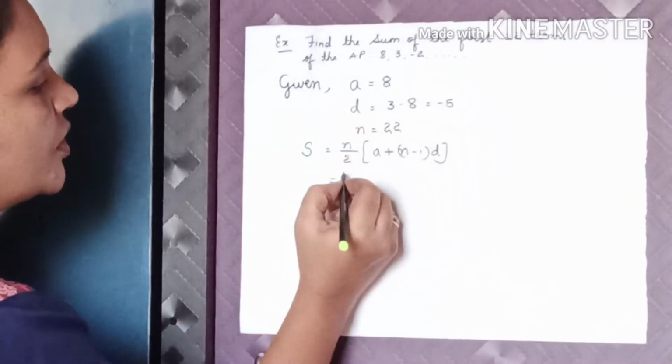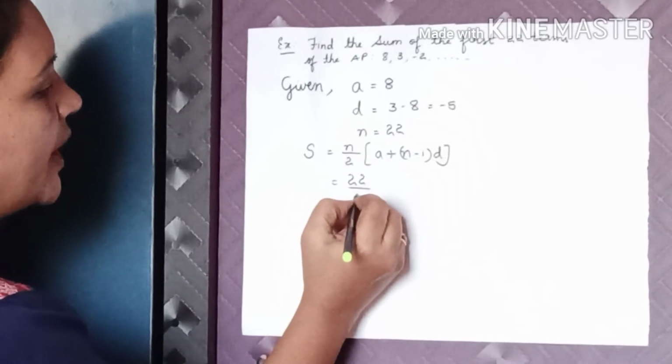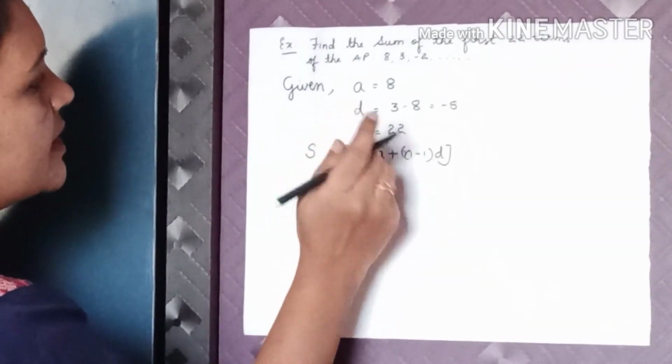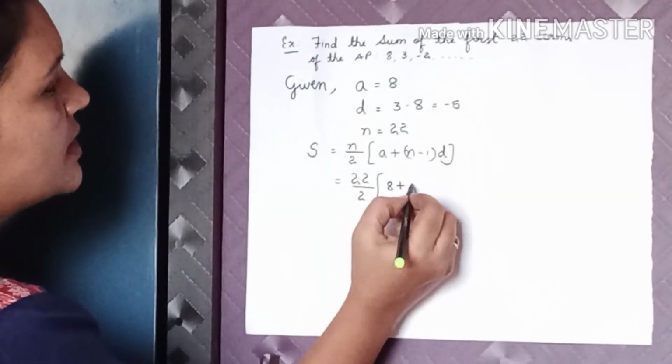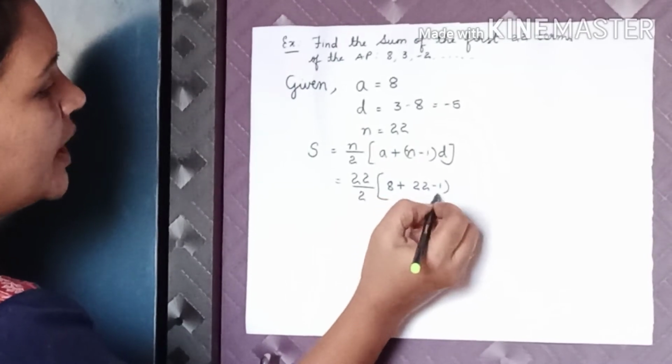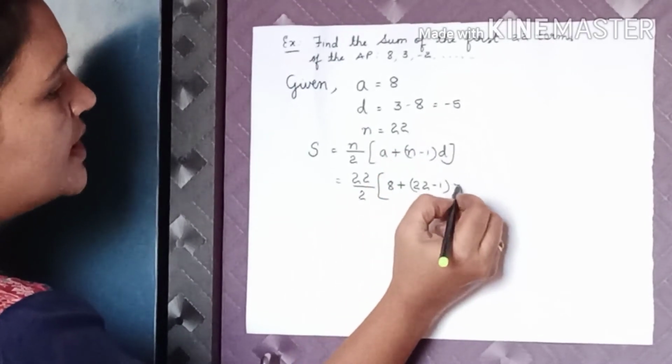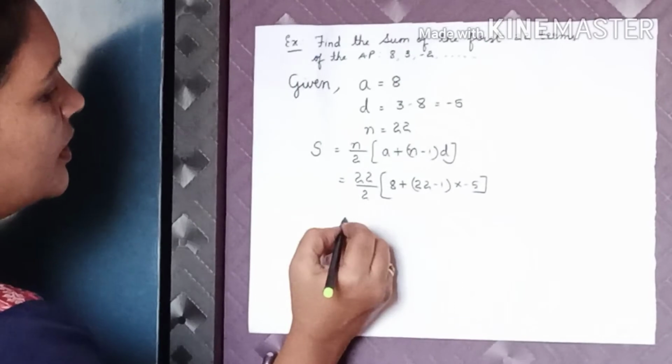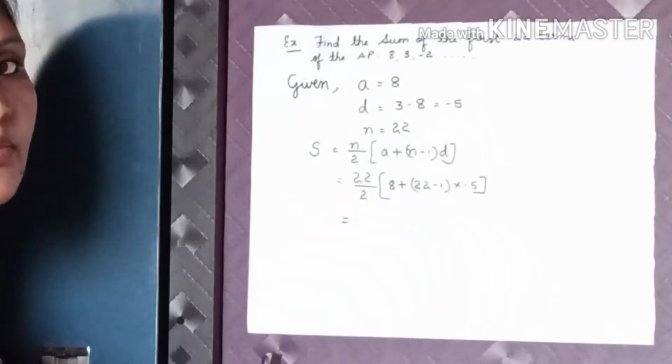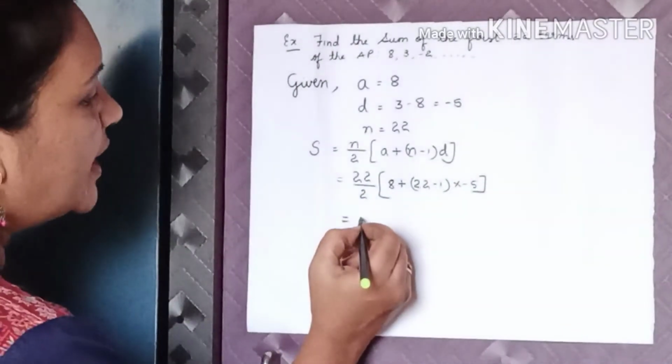Now substitute all the values. n is equal to 22, so 22 by 2. a is the first term, 8, plus (22 minus 1) into d, which is minus 5. Now 22 by 2: if you divide, you will get 11.